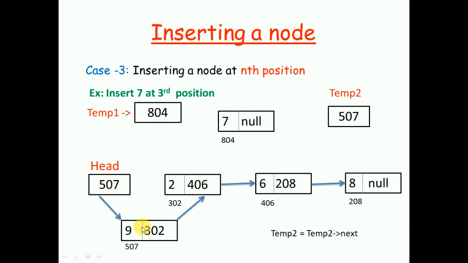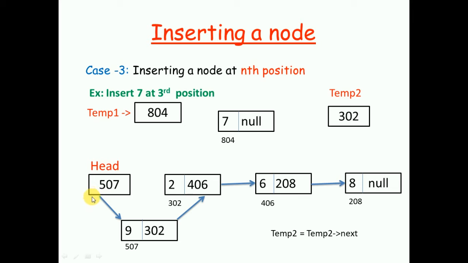This one is the first node, this one is the second node, this one is the third node, but we want to replace this one with the new one, and this one will be our fourth node, this one our fifth node. So we have created a temp2 variable which is equal to the head variable, so that will be replaced with 302. What is 302? 302 is the address of the first node.